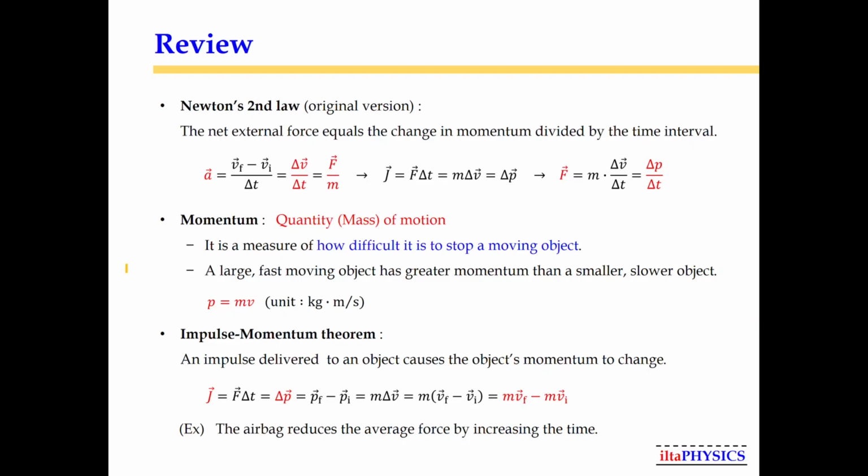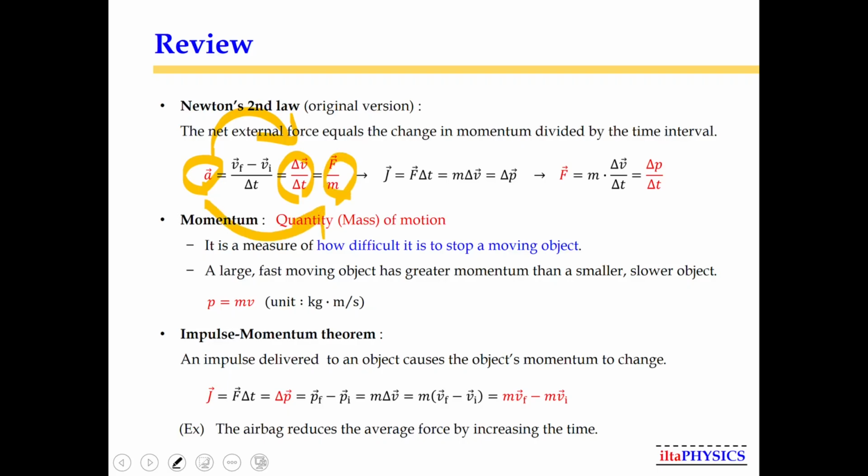In the last lecture, we derived Newton's second law from the perspective of momentum. We organized the formulas by linking the definition of acceleration from a kinematic perspective with the relationship to force from a kinetic perspective.